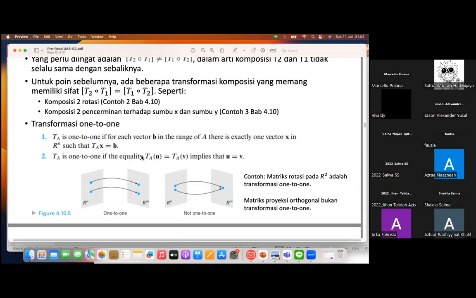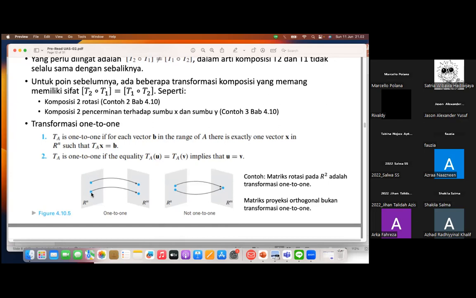If two transformations give the same solution, they're not one-to-one. What I mean is, let's say this is TA x. If I transform point A to Rm, there's one unique value.